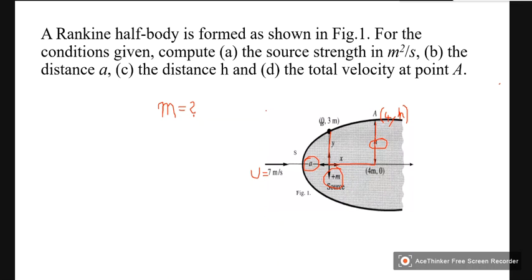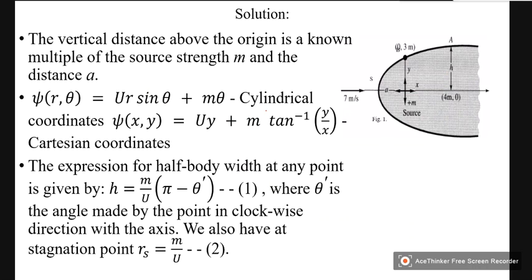Because the basic flows are uniform flow and source, the vertical distance above the origin is a known multiple of source strength M and the distance A.